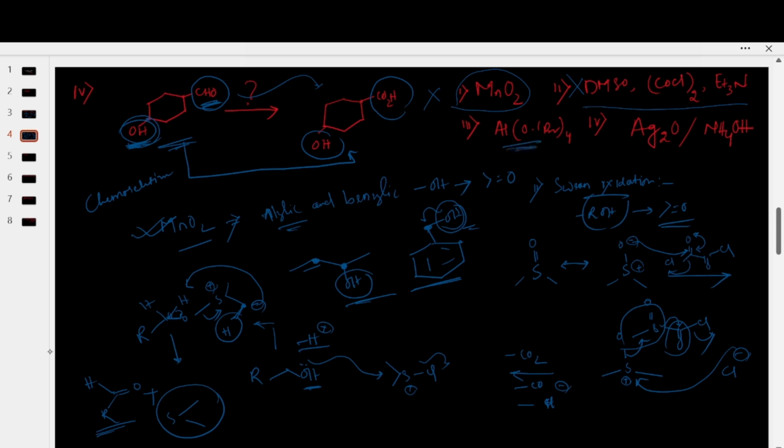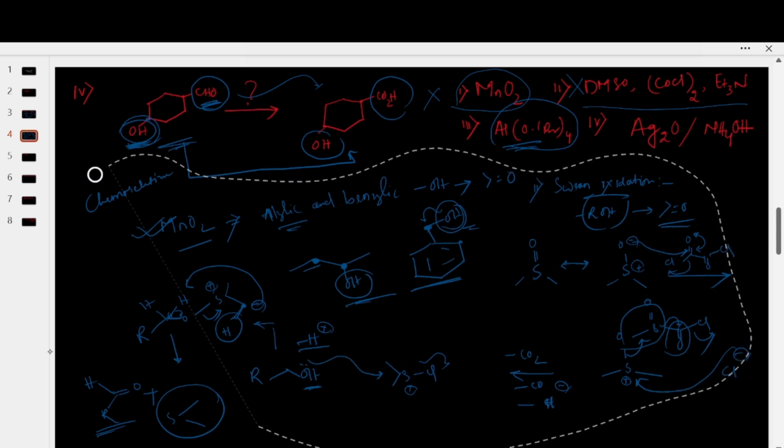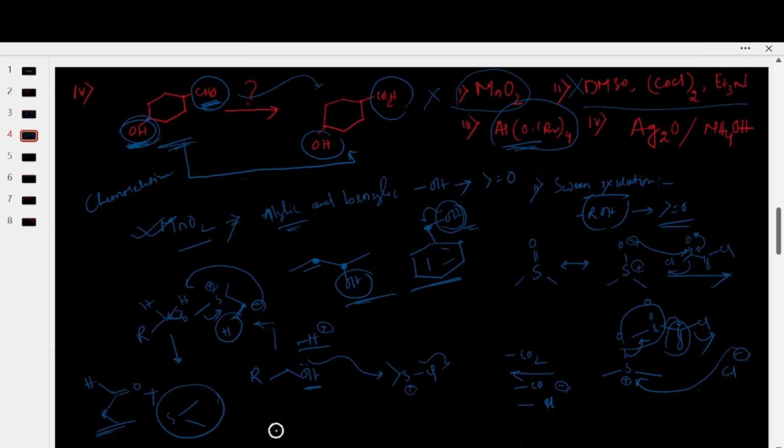What about option 3? Option 3 is known as aluminum tetraisopropoxide, and the reaction is known as Oppenauer oxidation. So what happened in Oppenauer oxidation? Wait, let me clean this one.